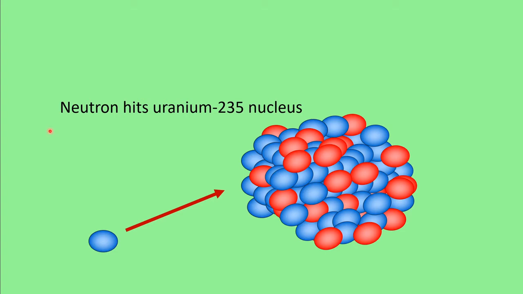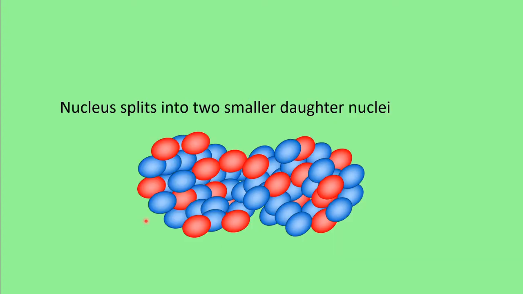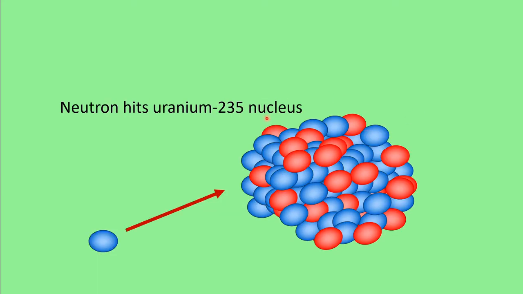So if we have here a neutron hitting an atom of uranium-235. So uranium-235 in its nucleus has 235 protons and neutrons together. But when we fire this extra neutron, the nucleus is going to split into 2 daughter nuclei, because it's gone from being uranium-235 to uranium-236.